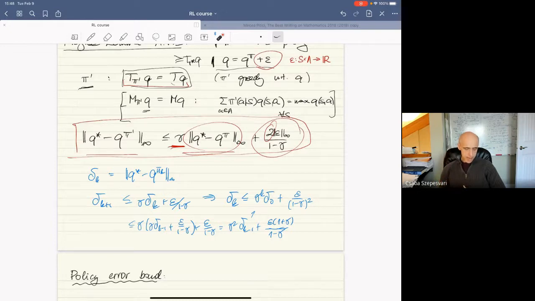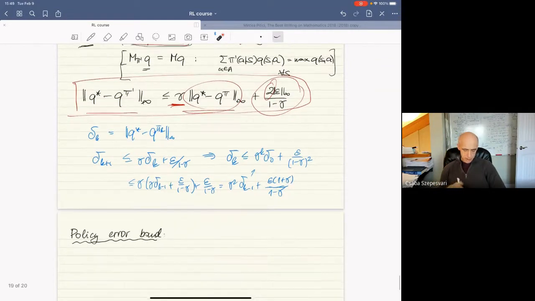So calling the error of the k-th iterate delta k, you see that delta k plus 1 is smaller than or equal to gamma delta k plus, let's call this epsilon over 1 minus gamma. And then if you plug in the same inequality for delta k, then you get this. You rearrange things, and then you see that you get a gamma squared compared to the iterate 2 times ago. So the minus 1 matches this 2 here.